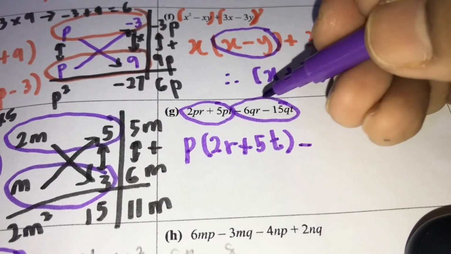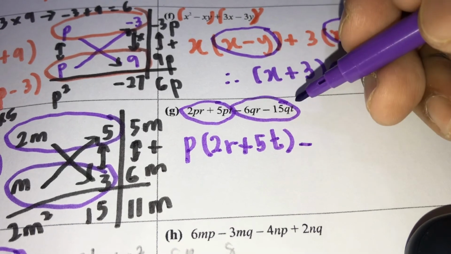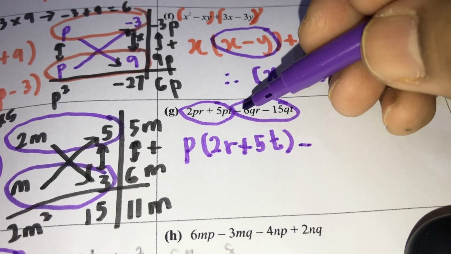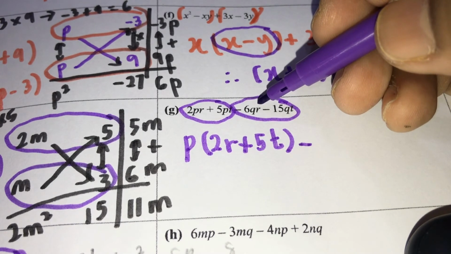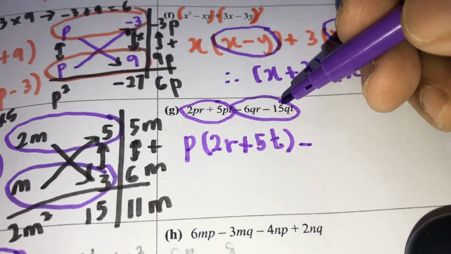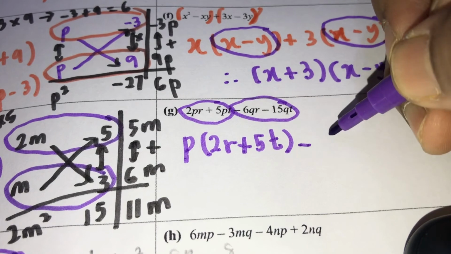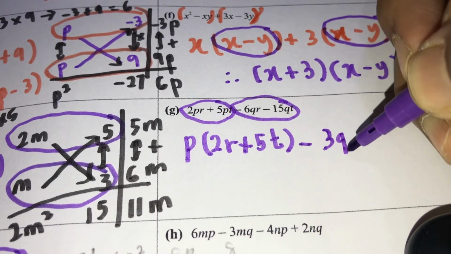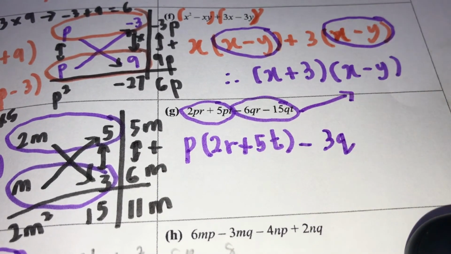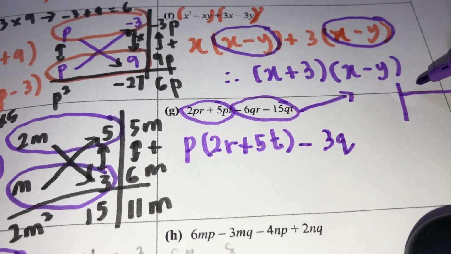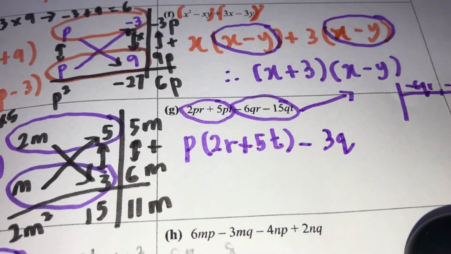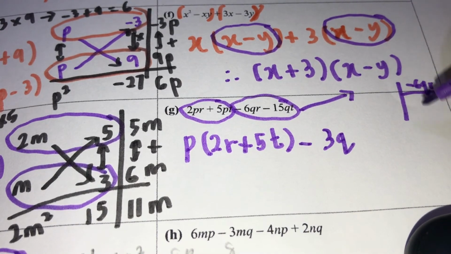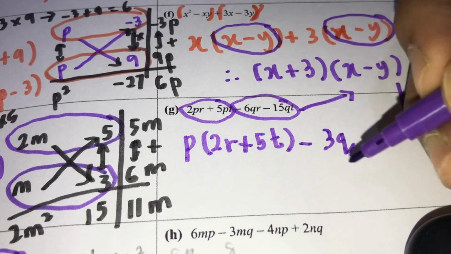Then find the common factor for this. The common factor of 6QR minus 15QT is 3Q, right? If you're not sure, you can use the HCF method, repeated division, then you know how to write this.